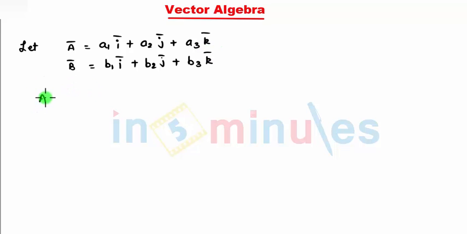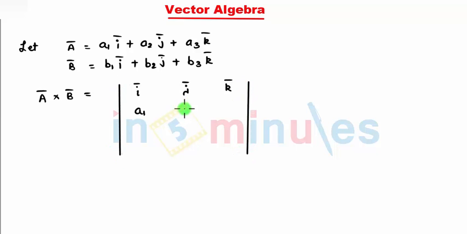Now when you want to find A bar cross B bar, I can write, I'll be getting i j k, and now it is the determinant of A1, A2, A3, B1, B2, B3. So in this way you can find the vector product.